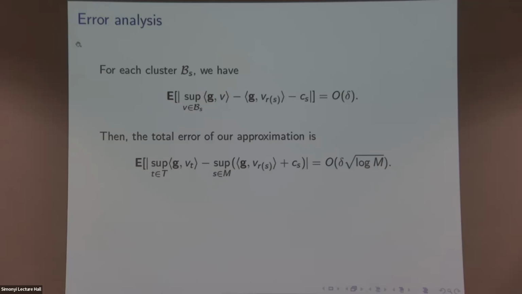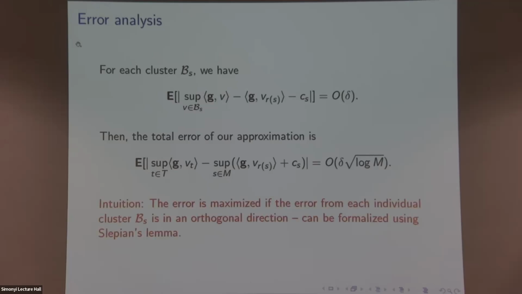That's the worst way for the error to really grow. This can be formalized using Slepian's inequality. So if you have created m clusters, the total error would be delta times square root log m, and my approximating set would be of size m.